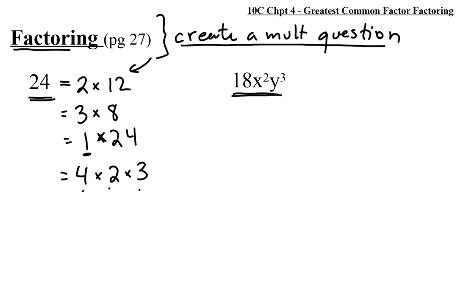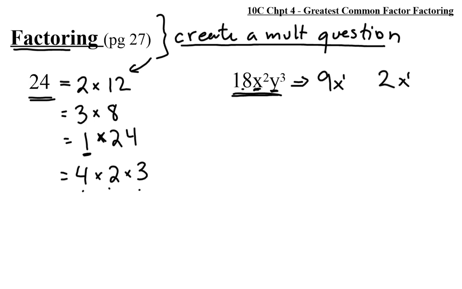If we took a look at 18x squared y cubed, well, we've been working with variables. So how could I create a multiplication question for 18x squared y cubed? Well, how did we get the 18? It could have been a 9 and a 2. How could we have created the x squared? Well, we could have had an x and an x in each of our factors, because x1 times x1 gives us the x2.